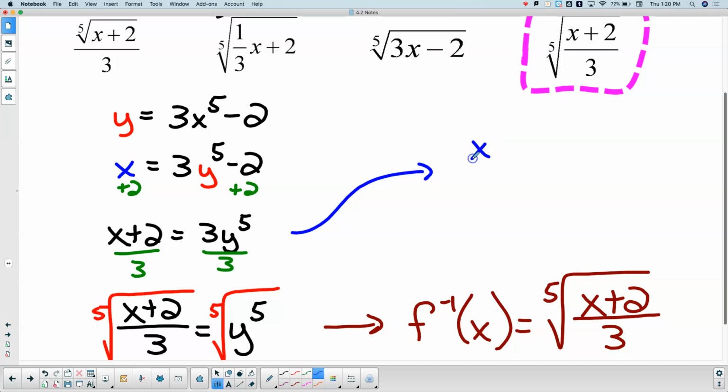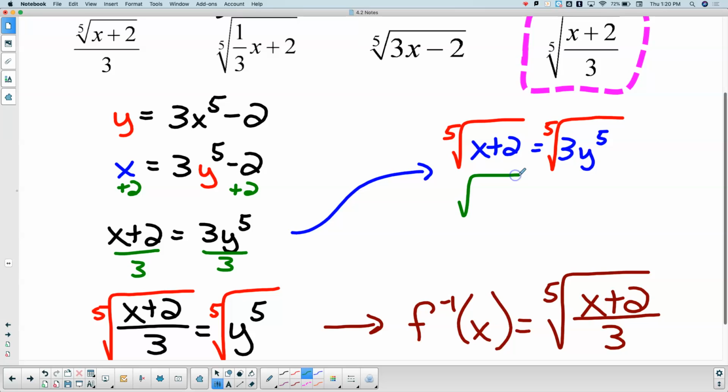If I go back here to x plus 2 equals 3y to the 5th, right? If I take the 5th root on both sides, I get the 5th root of x plus 2 equals the 5th root of 3 times y.